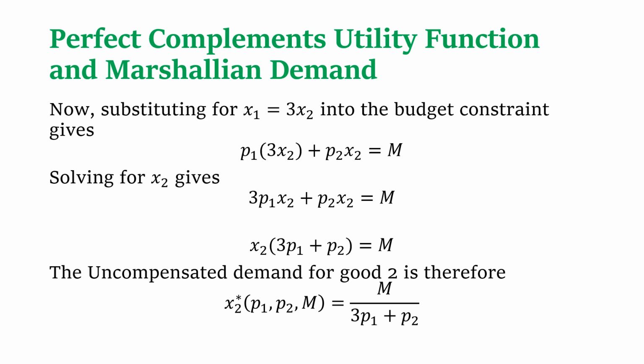And at the same time, it depends on the income of the consumer. Now, if you look here, you notice that the demand for good 2 has an inverse relationship with the prices of good 1 and 2, right? That is to say, if the price of good 2, that is the price of the complement, increases, then the demand for good 2 will fall, right?